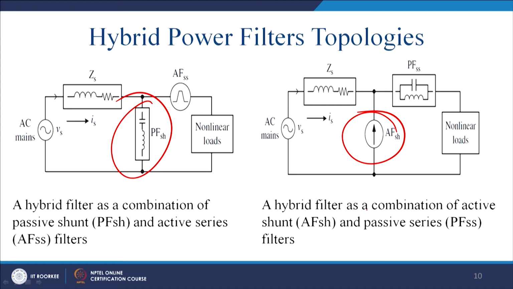So, the hybrid filter is a combination of the active shunt and the passive series. Here you have a shunt active power filter and a series passive power filter. So, this is also a combination. All the permutation combinations are possible, and we cannot give a unique solution. We have to observe the rating of it, and from there you require to find the optimal solution.